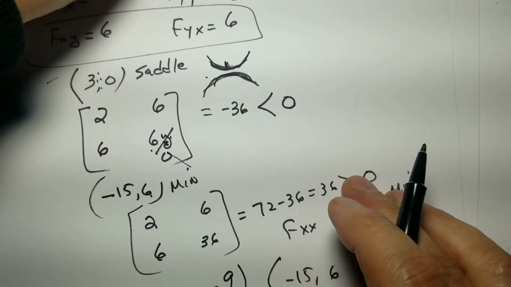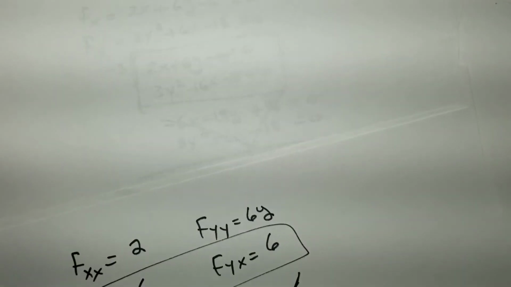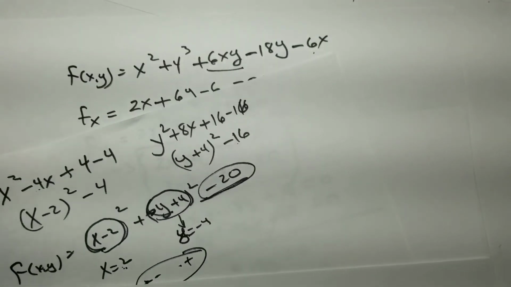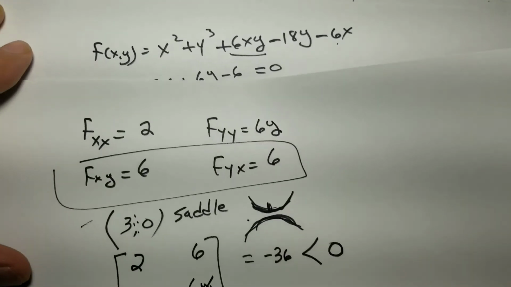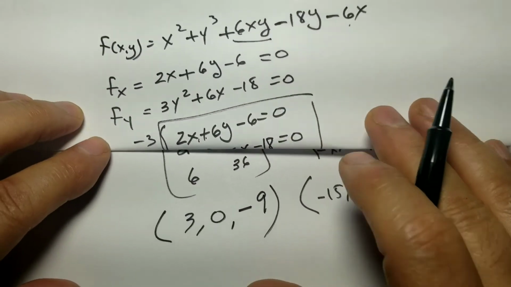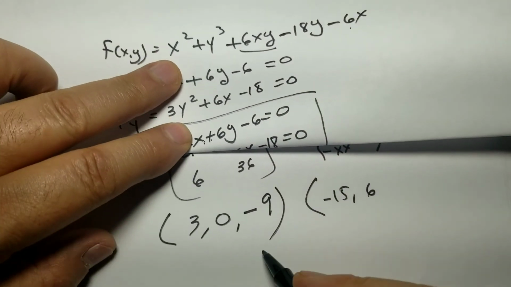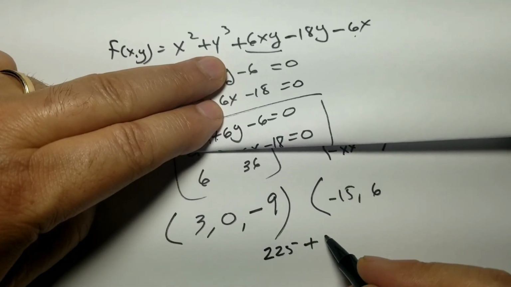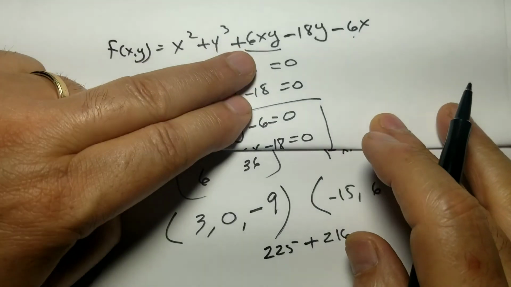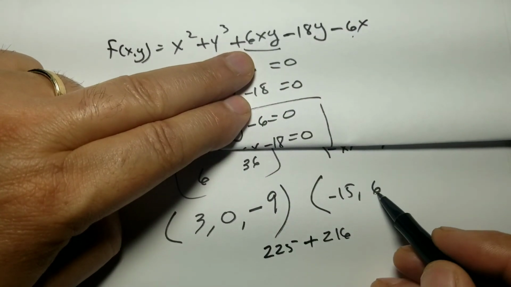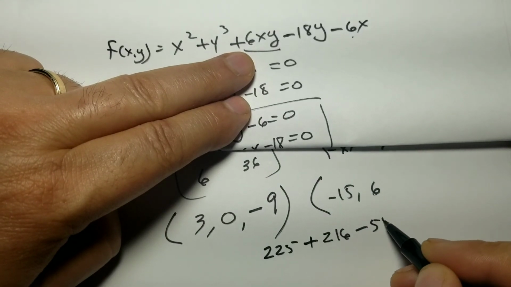The other one was negative 15 and 6. Oh, I don't think I can do this in my head. I go to my function and I'm going to go right here, which I have x squared, which is 225, y cubed, 6 times 6 times 6 is 216, 6 times 15 is 90, 90 times 6 is 540, but it is a negative.